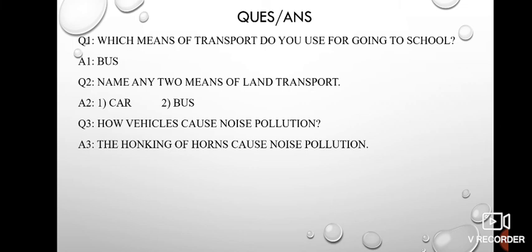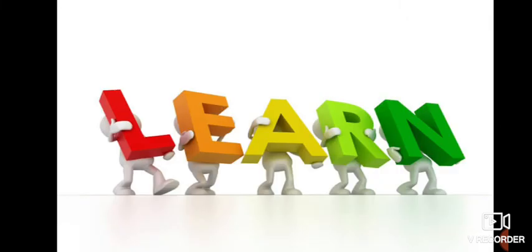You can write scooter, or if you want to write rickshaw or bicycle, you can write that also. How vehicles cause noise pollution? The honking of horns cause noise pollution. So after completing your work in your books and in your notebooks, you have to learn them. All right. So learn it.